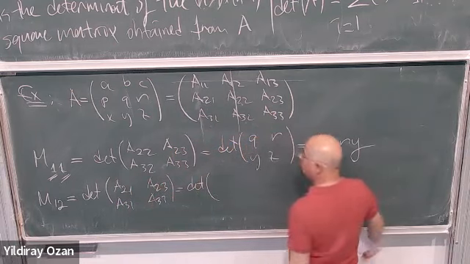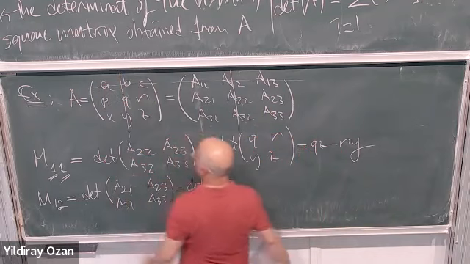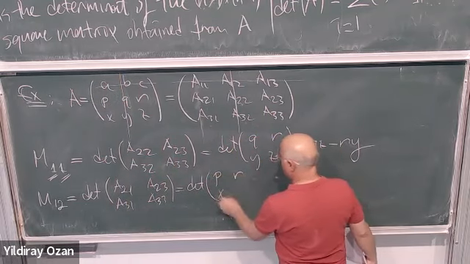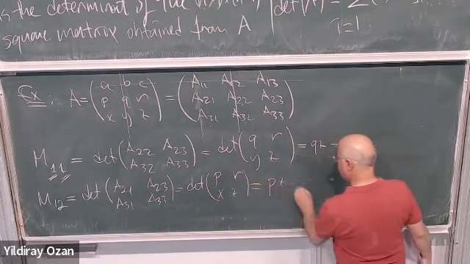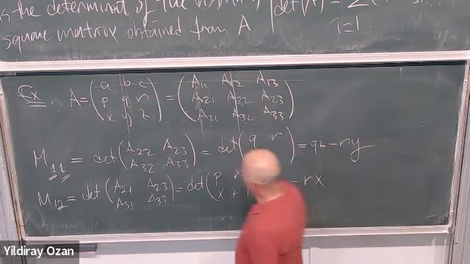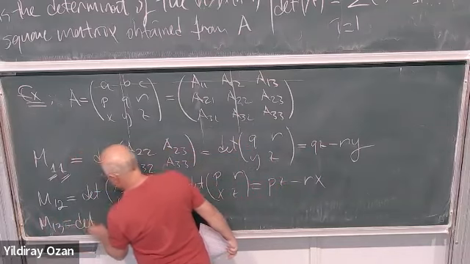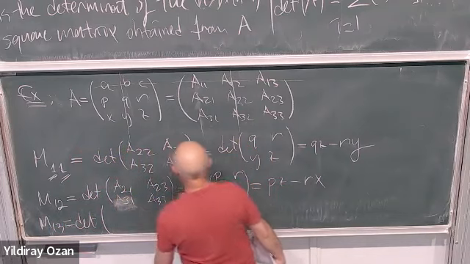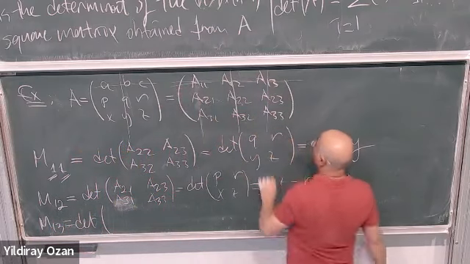What did we delete? This and this. What is left? P, R, X, Z. So what is the determinant? P Z minus R X. All right. And finally, M13, that's the determinant of what? You delete the first row and the third column.